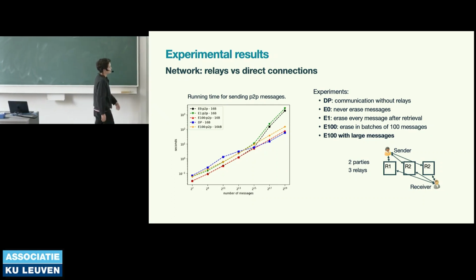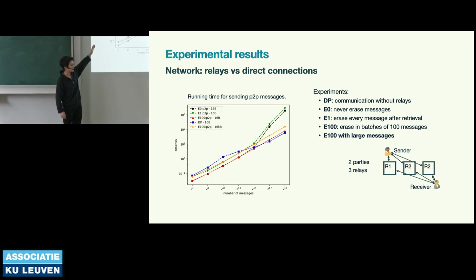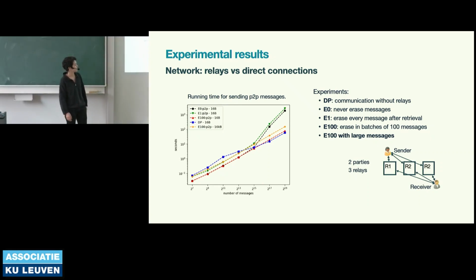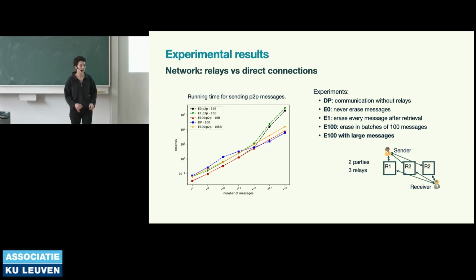And what we can observe, so this is a logarithmic scale, is that up to a certain point, they all have very similar running time, but at a certain point, the experiments where we never erase messages or where we erase every message after it arrives become much more expensive.